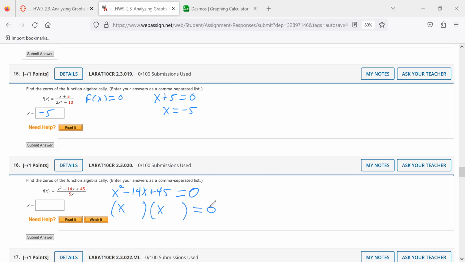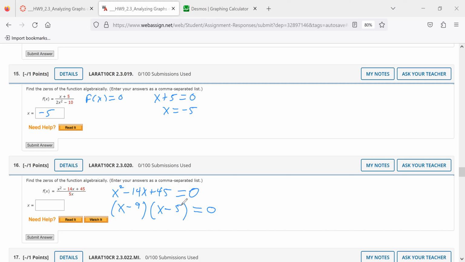What are the factors of 45 that add up to -14? 9 and 5. Yeah, so then they both gotta be negative in order to add up to -14.